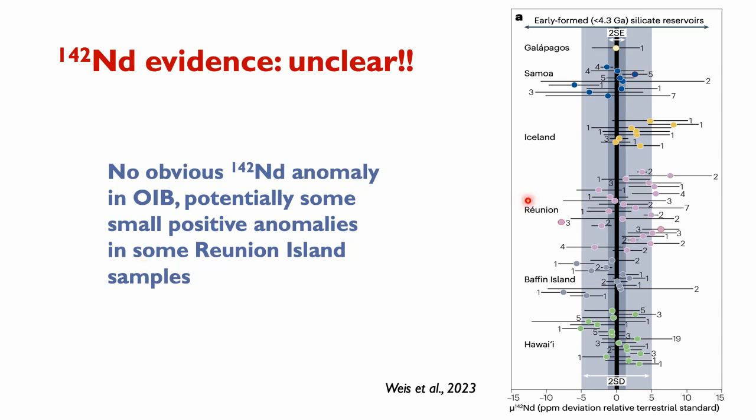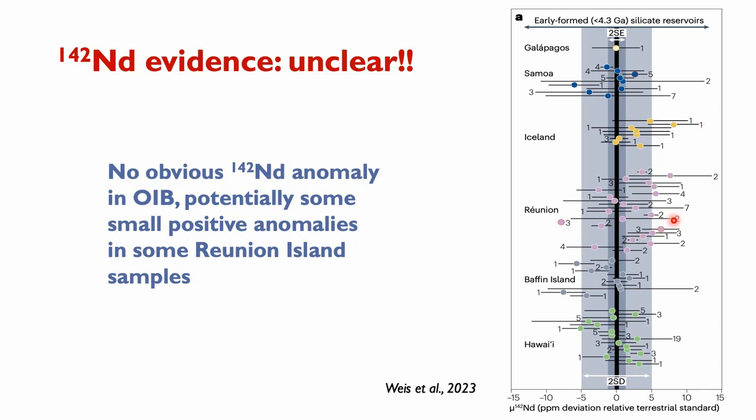Here in the figure, we show all the data that exists on oceanic islands, and you see that there is a gray field corresponding to the normal crustal value, and you see all the data points basically overlap because the error bars are relatively large, because these are very difficult measurements to do. So at that stage, there was no obvious 142 anomaly in ocean island basalt, and potentially some small positive one in some Réunion island samples.